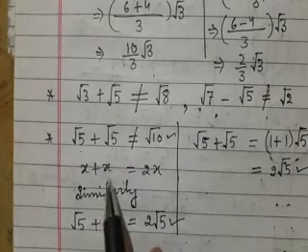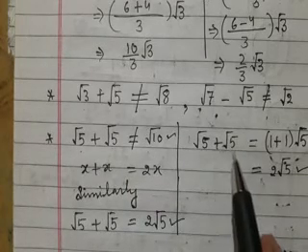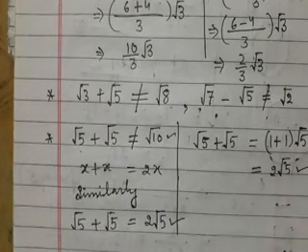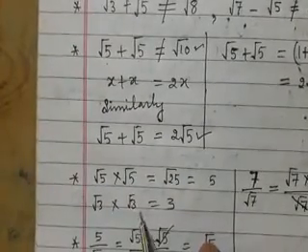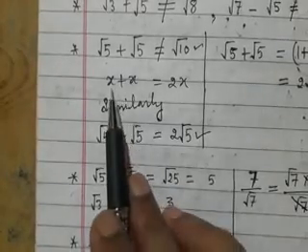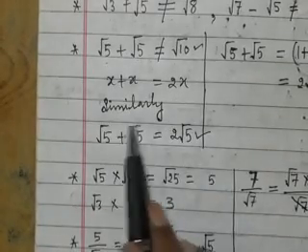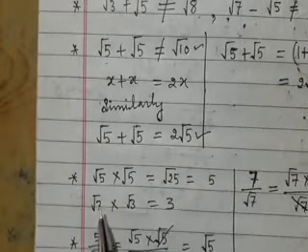As you know that x plus x is equal to 2x, likewise root 5 plus root 5 will become twice of root 5.